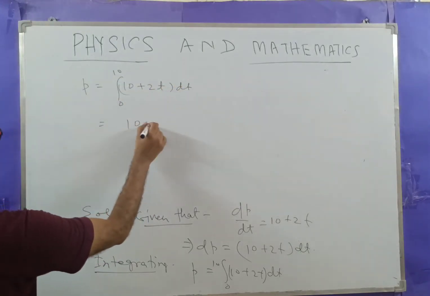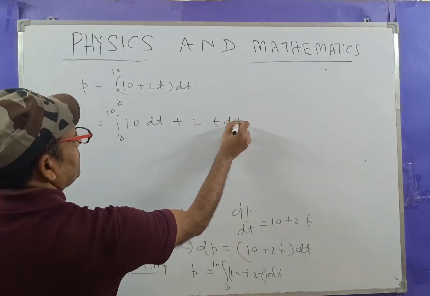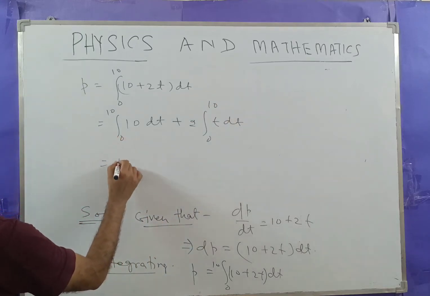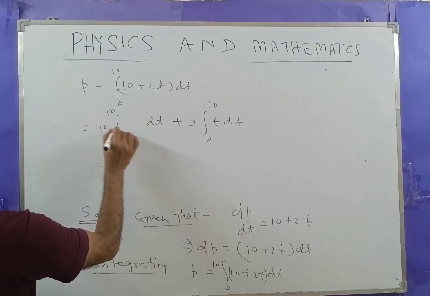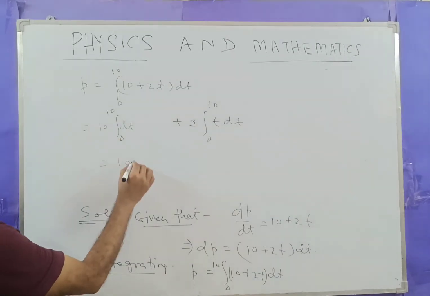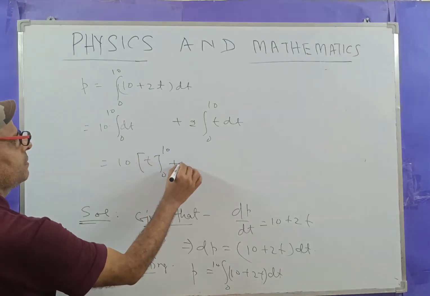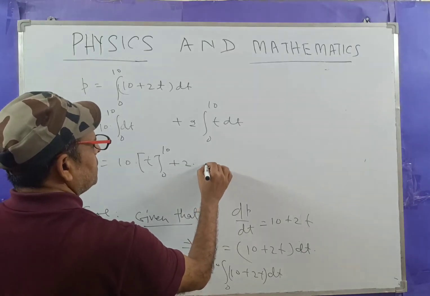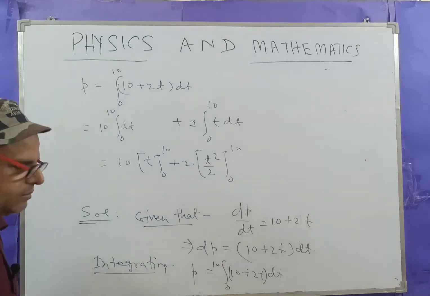Split in two parts: 10 dt from 0 to 10, plus 2t dt from 0 to 10. Integration of 10 dt is 10t, from 0 to 10, plus 2 times t square by 2, from 0 to 10.